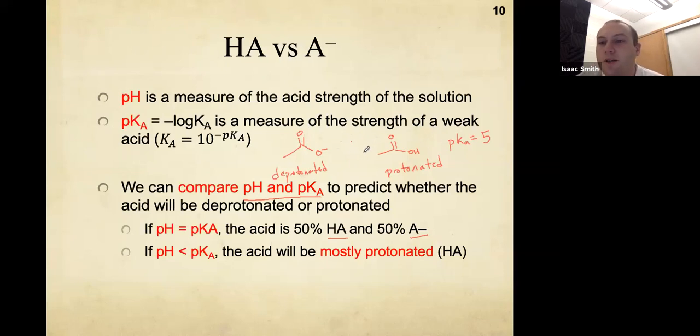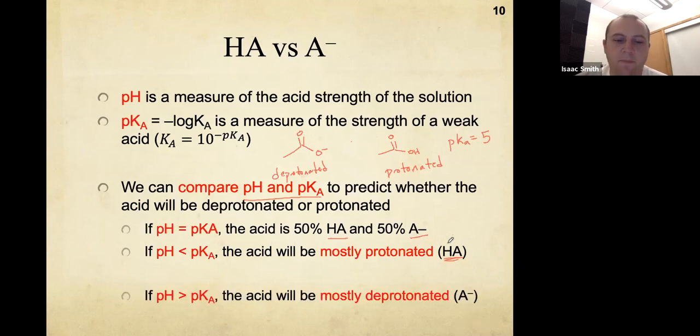And the more hydronium ions, or the more protons you have floating around, the more likely you're going to have a protonated form of the acid, okay? So you're going to have more protonated than deprotonated if the pH is lower than the pKa. And the easiest way to memorize that, I think, is to say if the pH is low, you have more acid, right? So if pH is less than pKa, you're going to mostly have the protonated form of the acid, okay?